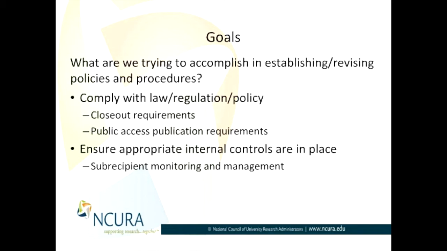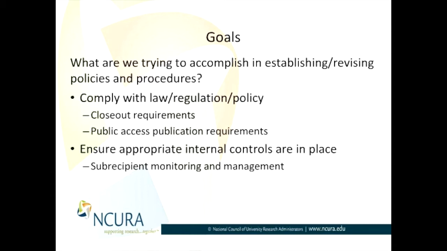So a couple of examples, closeout requirements. There's been a lot of attention paid at the federal government level to closeout, and this is done because federal government agencies have had these large balances just sitting out there. And so first off, we want to be sure that any funding that's allocated to a grantee is being used for the purpose for which it was allocated.